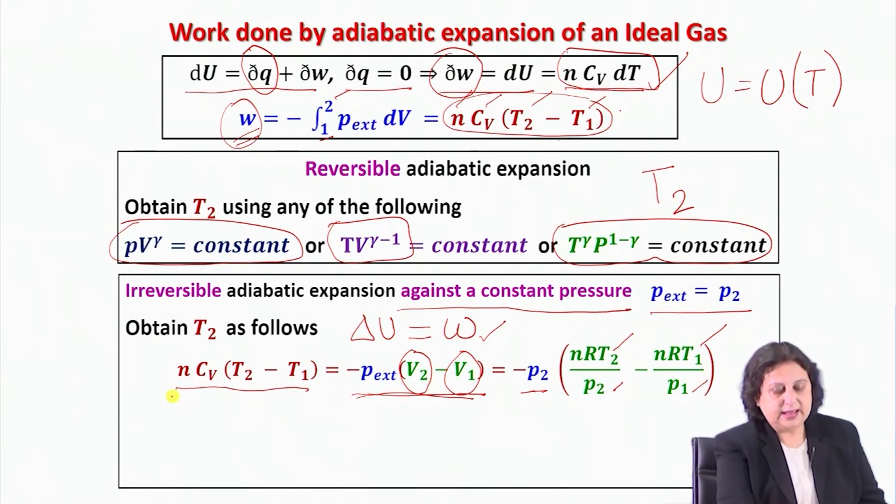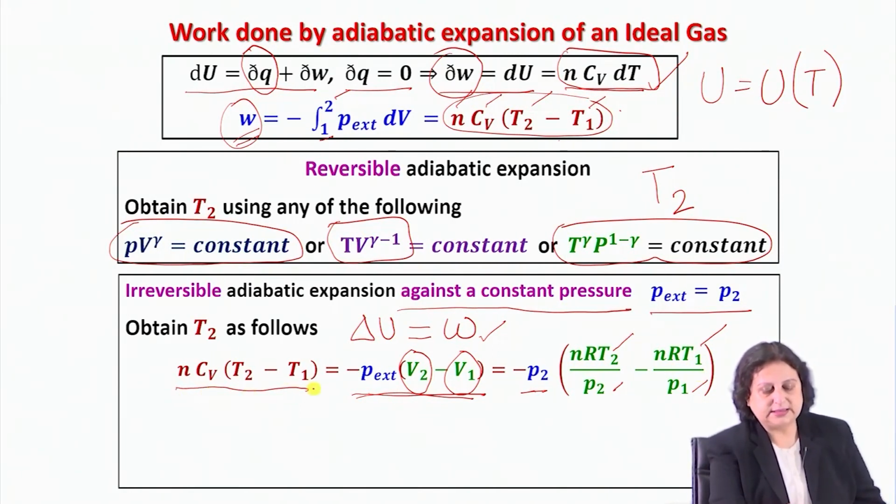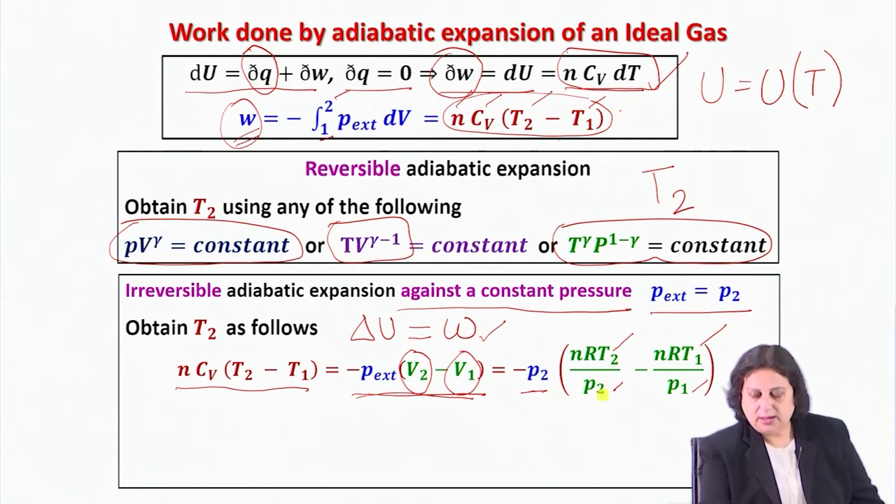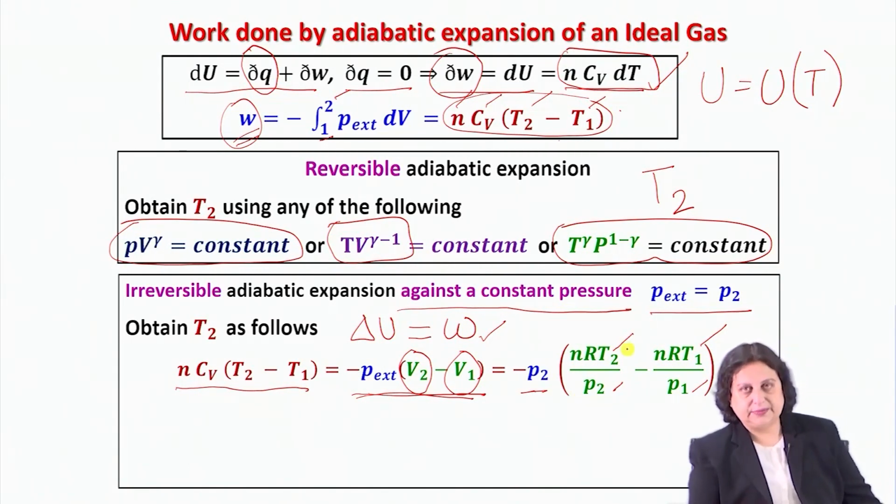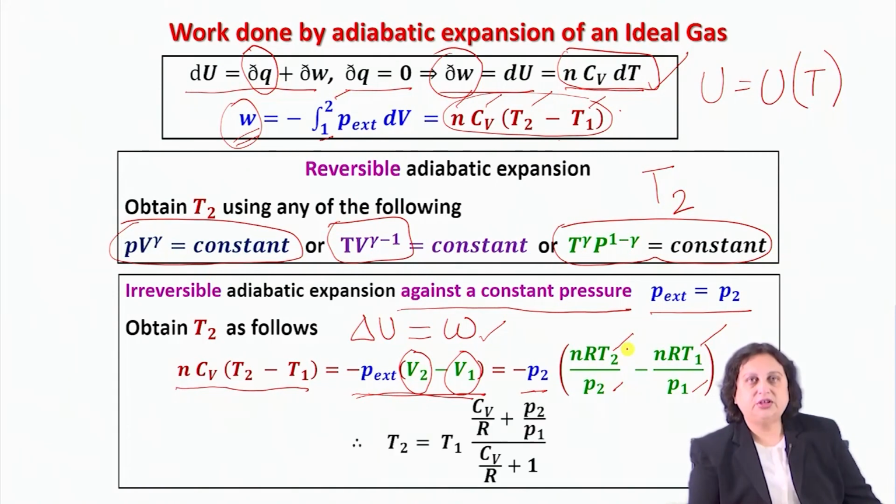I have nCV (T2 minus T1) equal to minus P2 into this term within the bracket. Now I will rearrange it and write the final temperature as T1 into this quantity in the numerator and this quantity in the denominator.